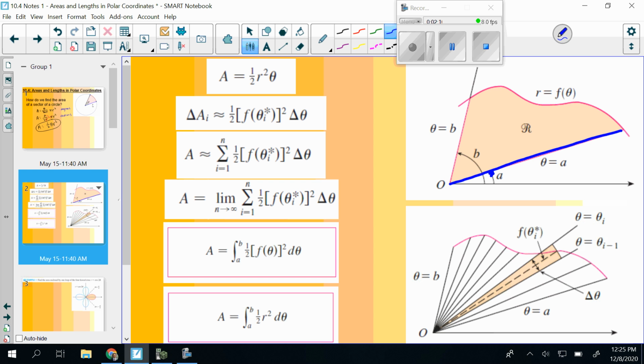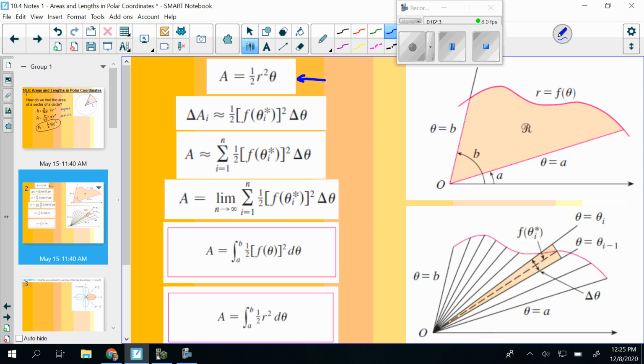And then your angle rotates counterclockwise out to something. And when you do that, whatever that function might be carves out some graph or some picture here. So if we want to find the area covered by that, what we're going to do is use that same area of a sector equation and use it with an integral here.